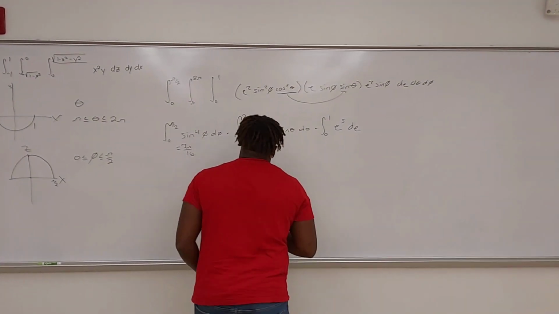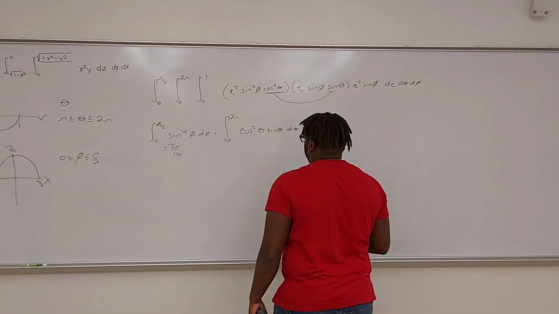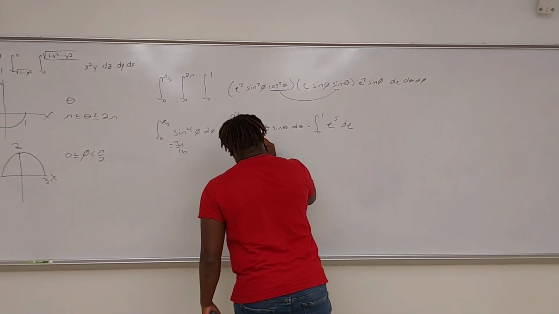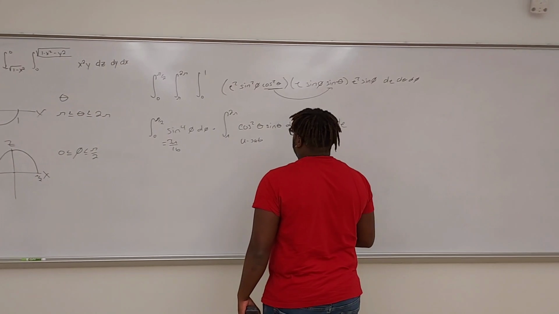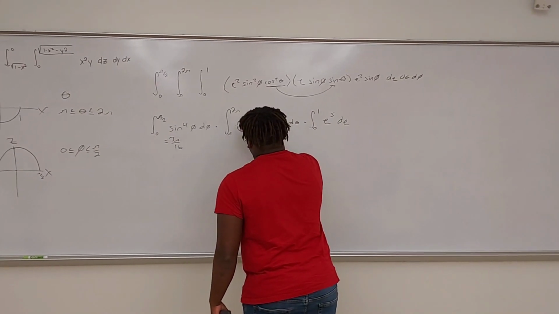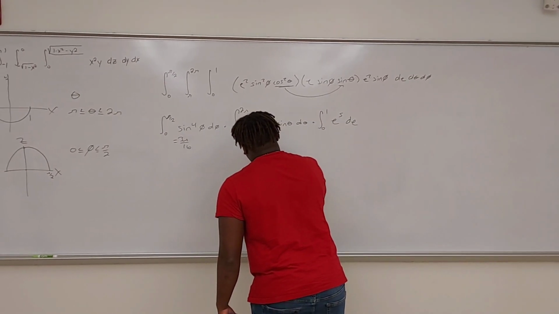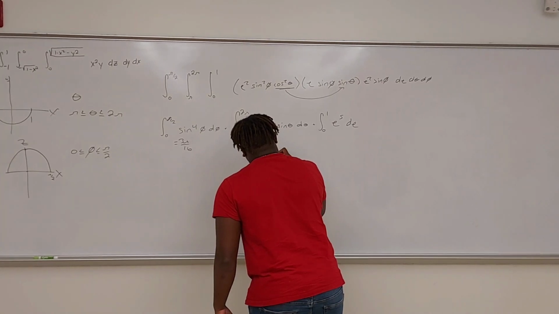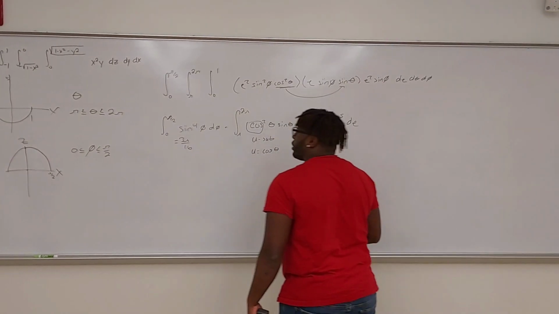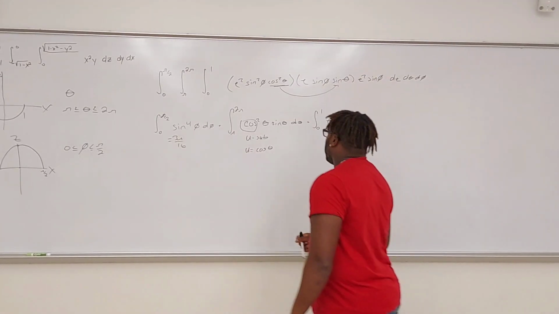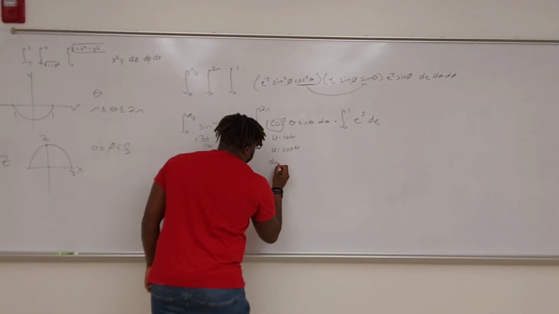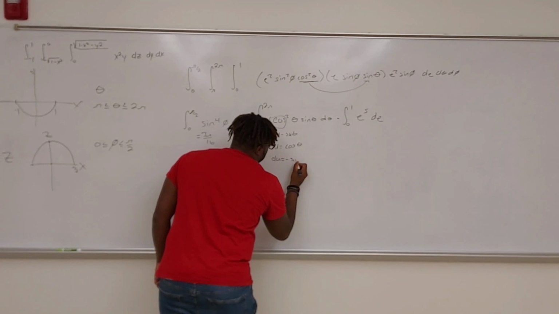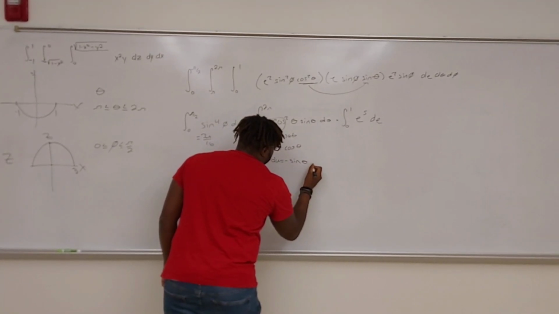term from Calc 2, which is U substitution. So we have to use U substitution for this one. And then what we're going to substitute is cosine. So U will equal cosine theta. And then we take the derivative of cosine theta, and du will equal negative sine theta d theta.